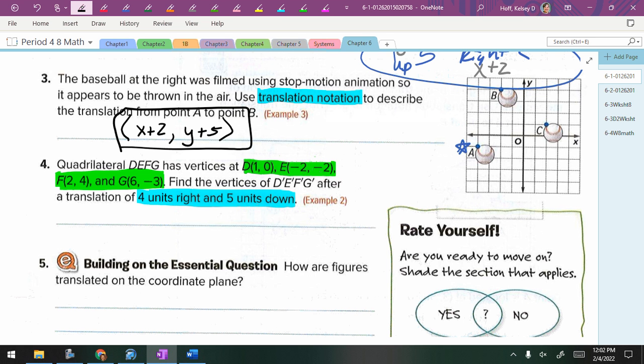Who can tell me my changes? Y minus 5 and your X is plus 4. Anybody else agree? Okay, now go through all your points. Add 4 to your X, subtract 5 on your Y, and get your new points.